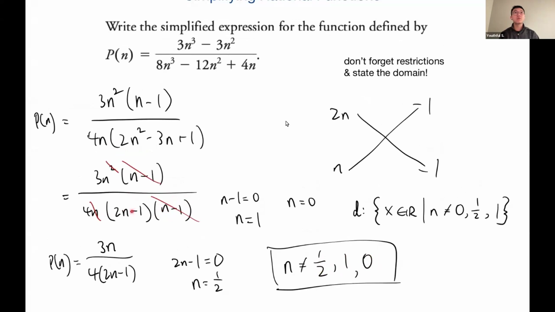But then when you finally simplify it, all of these restrictions actually go away. So in the final simplified form, you only get n equals 1/2 as a restriction. And so the idea is that if you simplify and the restrictions go away, then you get a hole. But if even in your most simplified form the restriction is still there, so that would be when n equals 1/2, then you get an asymptote. That's how you can tell whether it's a hole or an asymptote.